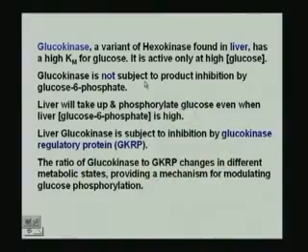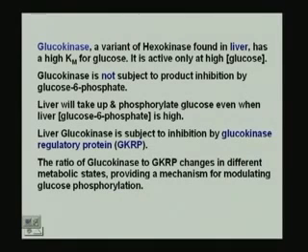The glucokinase enzyme is not subject to product inhibition by glucose 6 phosphate. What does that mean? It means that glucokinase will act on glucose, because it is not inhibited by glucose 6 phosphate. So, any glucose that comes into contact with glucokinase will have a phosphate transferred to it.